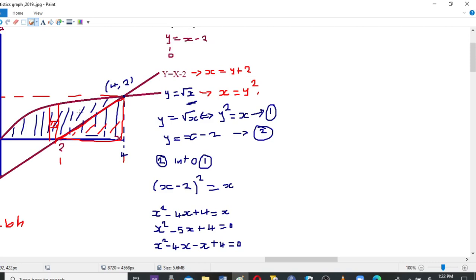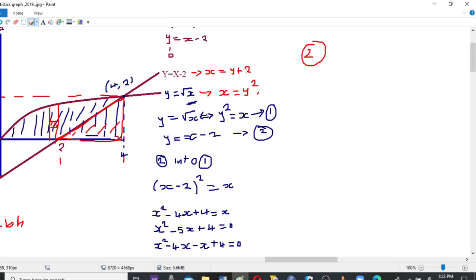Since we want the area now, we want to use double integration. That is method 2. Let me just write here. So this is method 2.